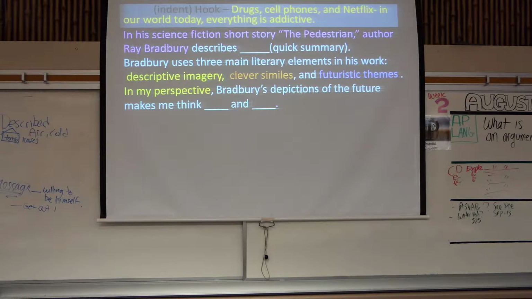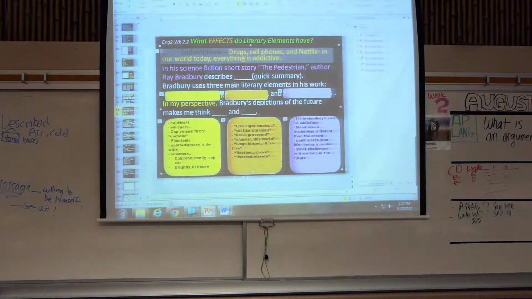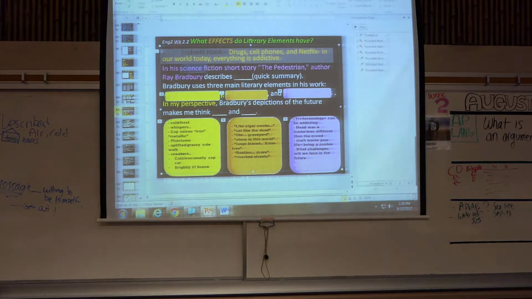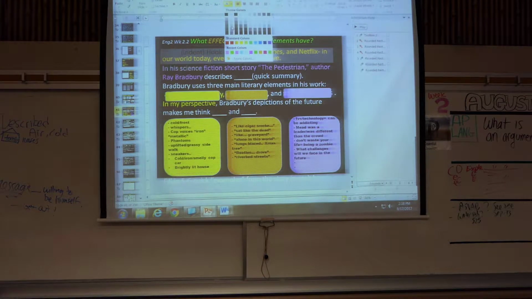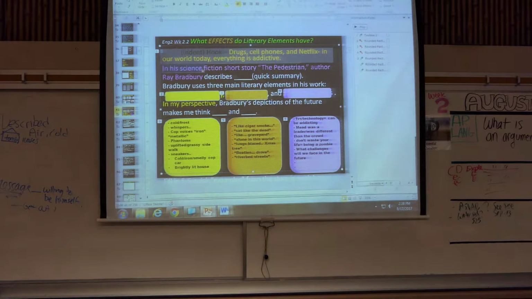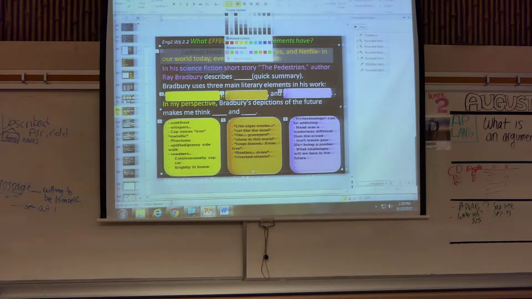In my perspective, Bradbury's depictions of the future make me think. Good. So, if you guys want to write less, we can take out science fiction. I'm just trying to get you to write less if you don't want to write everything down.